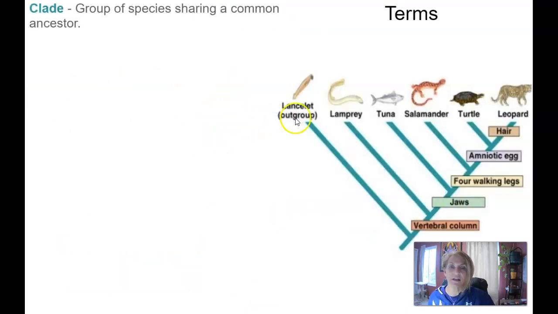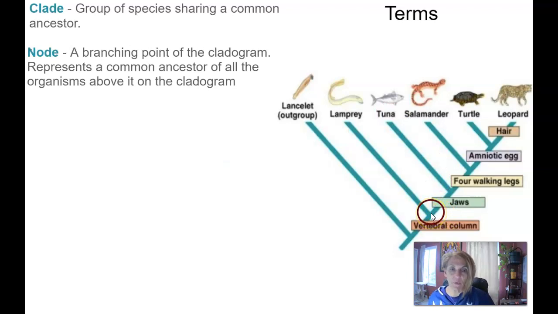So first of all, there's the clade. These are all clades. Each group of organisms in your comparison are considered clades. So the tuna is one of the clades. A node is a branching point. So this is your relationship, and this is comparing traits. So these organisms are related, and of course at some point there's been a branch in the evolutionary timescale, right?